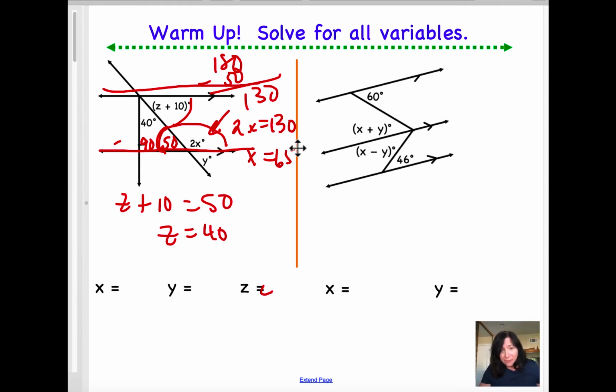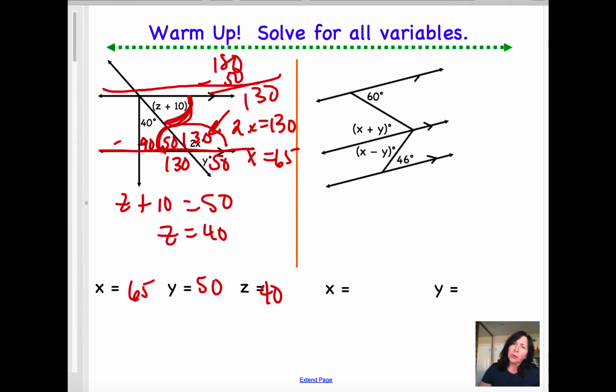So x is 65. The angle, though, is 130, and then this would be 130, and that would be 50. So y is 50, x is 65, and z, what was z? I think that was 40. I lost my values here.